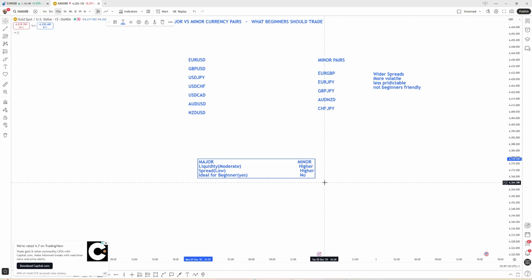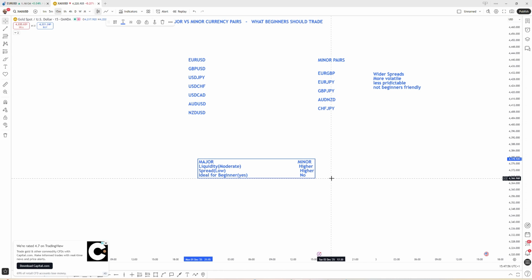When you are placing a trade with your broker, there is this commission that your broker will charge you for placing this trade on your behalf, for carrying out your order. So this cost of order execution is lesser in major pairs compared to minor pairs. That is why major pairs are less expensive.